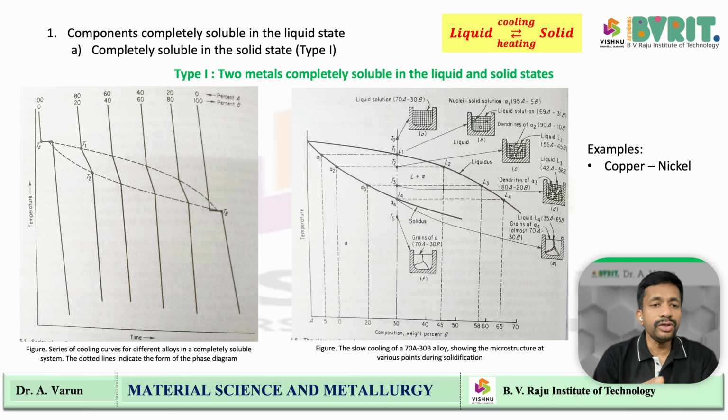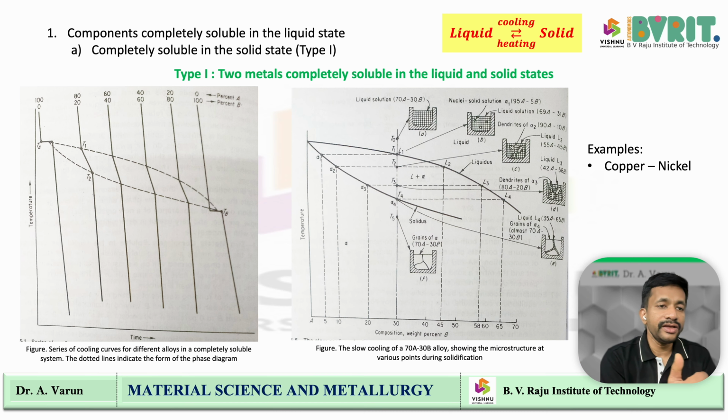So when I'm trying to plot the phase diagram, on the x-axis I'll take all the possible combinations, all the possibilities in which it can exist. Let's say, for a generic case, two components are completely soluble in the liquid and in the solid state. On the x-axis starting point, we take A0, B100, and keep increasing up to B0 and A100.